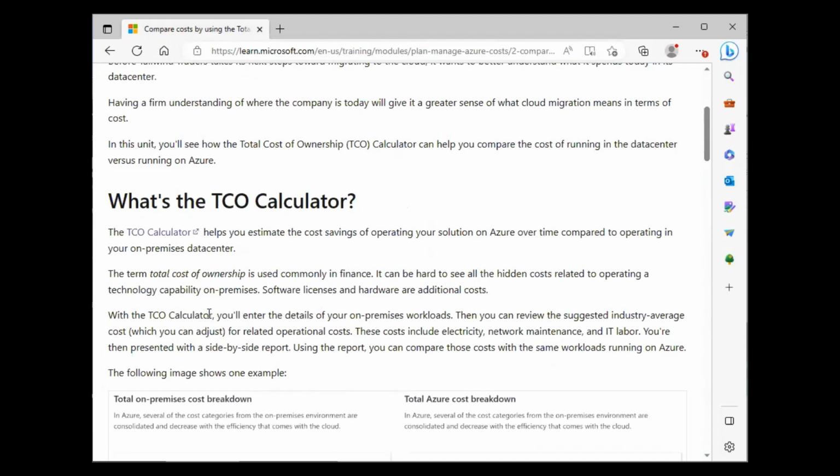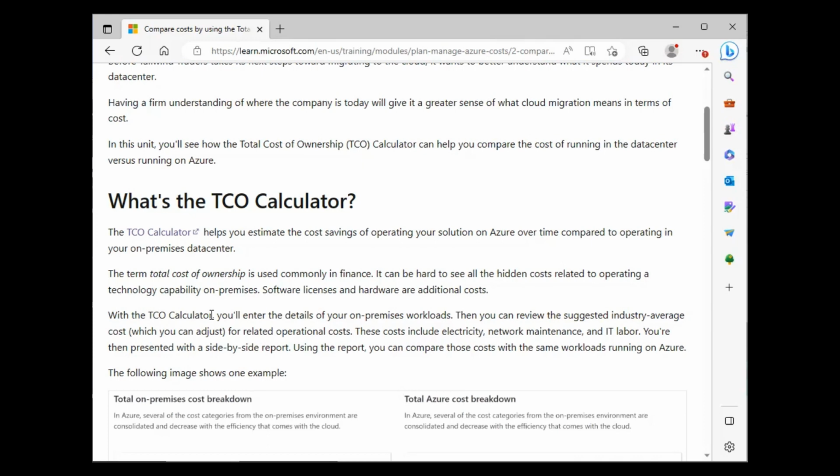The term total cost of ownership is used commonly in finance. It can be hard to see all the hidden costs related to operating a technology capability on-premises. Software licenses and hardware are additional costs. With the TCO calculator, you enter the details of your on-premises workloads.